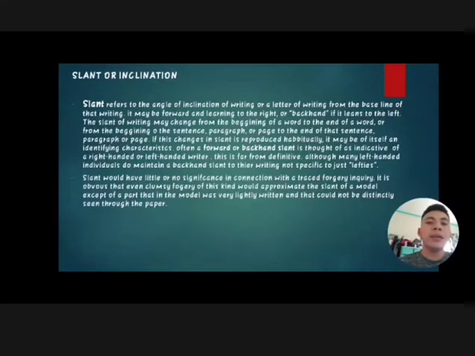Slant would have little or no significance in connection with a trace forgery inquiry. It is obvious that even clumsy forgery of this kind would approximate the slant of a model, except of a part that in the model was very lightly written, and that could not be distinctly seen through the paper.